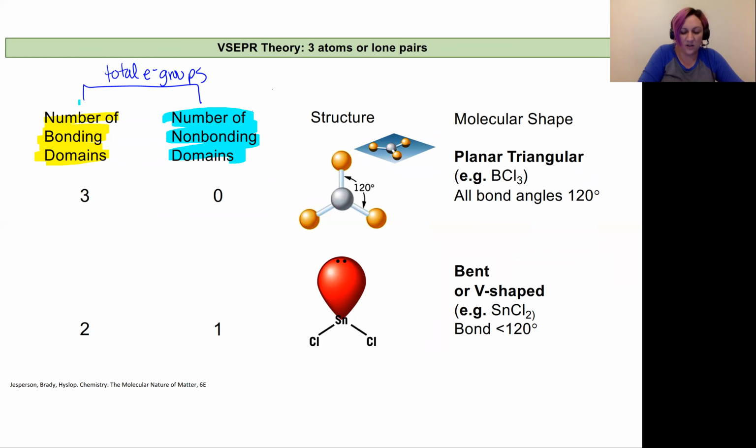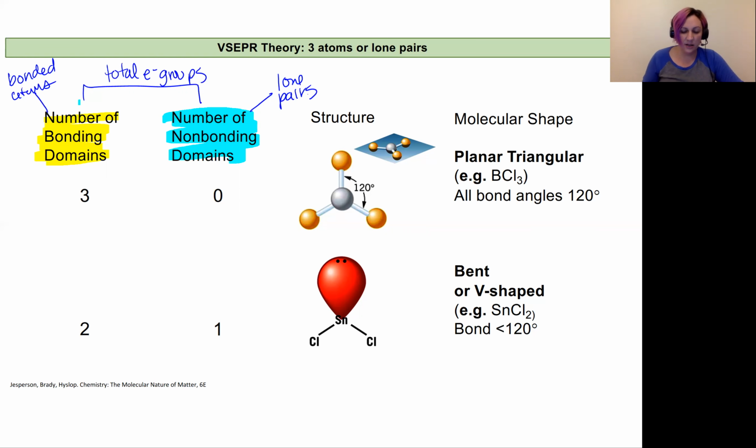So the bonding domains are the things that are going to be bonded atoms. And the non-bonding, I switched those. The bonding domains will be bonded atoms, and the non-bonding domains will be our lone pairs.